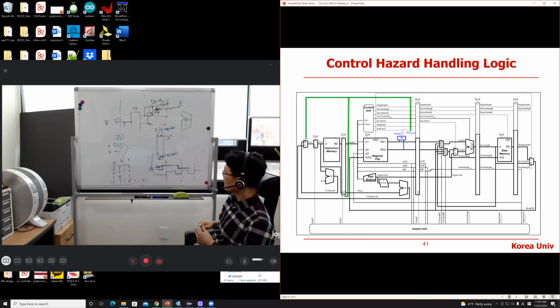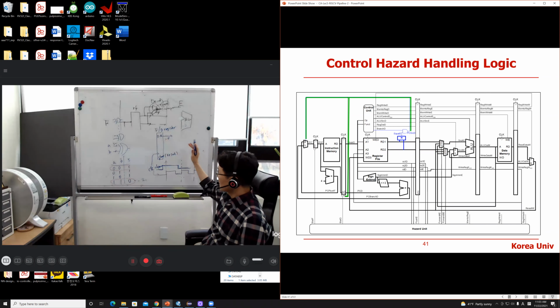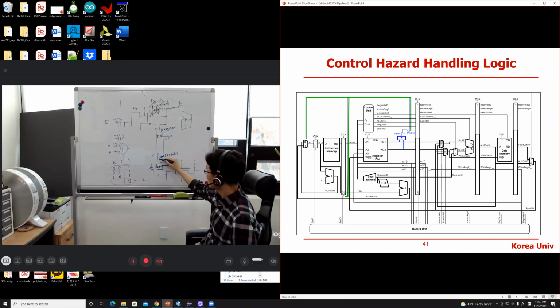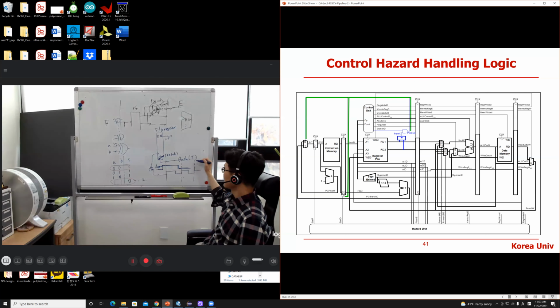This is one way, but I do not recommend that implementation. It is okay functionally, so you are connecting this flush, taken signal to this reset input.